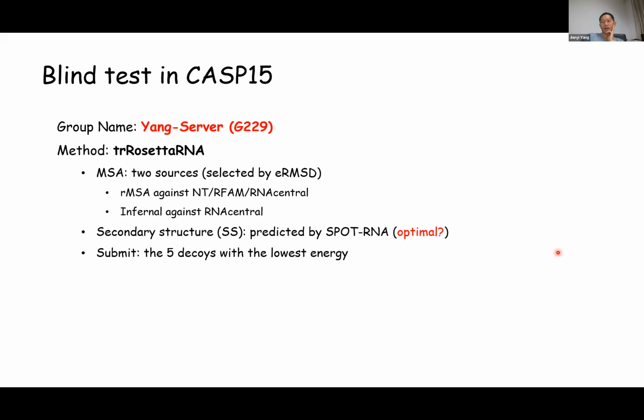So in our trRosettaRNA server, to make it faster, we just use the Infernal search on the RNA Central database. It's very fast, and for most RNAs it works. I didn't test DCAlign. Sorry, I don't know this approach.